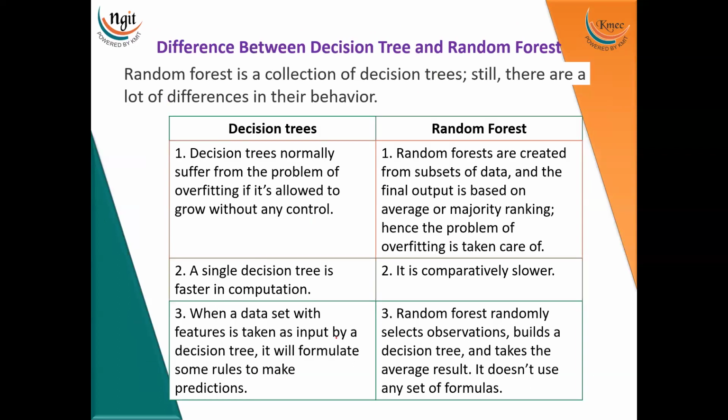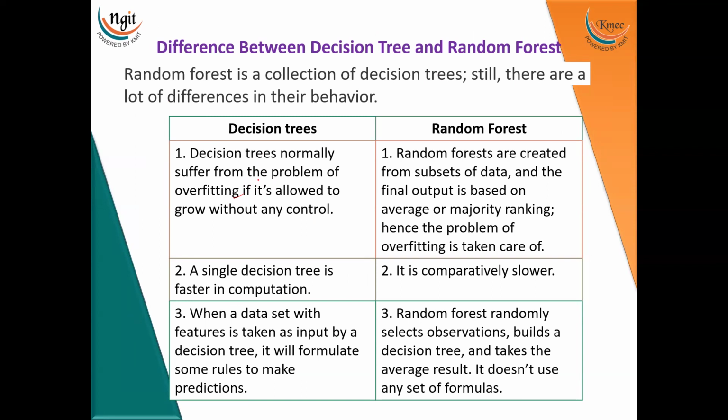Coming to the difference between decision tree and random forest, we know that random forest is a collection of decision trees, but still there are some differences in the behavior of the two. The very first is that a decision tree normally suffers from the problem of overfitting when it is allowed to grow without any control.